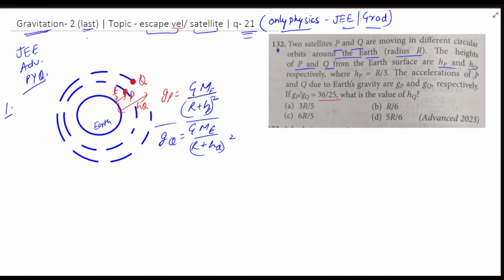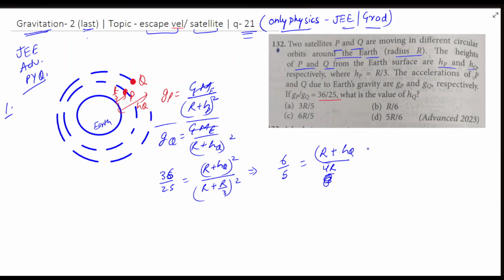Okay, so let's divide both of them. The GM will get cancelled. GP by GQ is 36 by 25, so we will have R plus HQ to the whole square upon R plus HP, and HP is R by 3, to the whole square, right? If you take the square root, we will have 6 by 5 equals R plus HQ upon 4R by 3. Let's cross multiply.